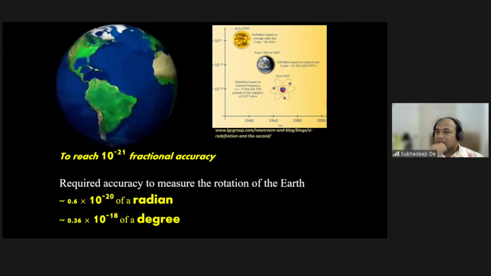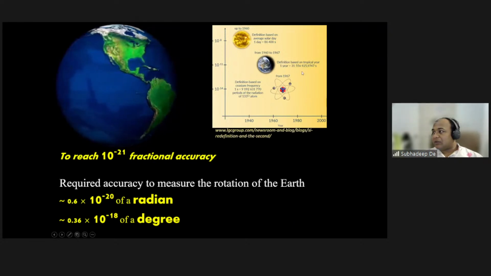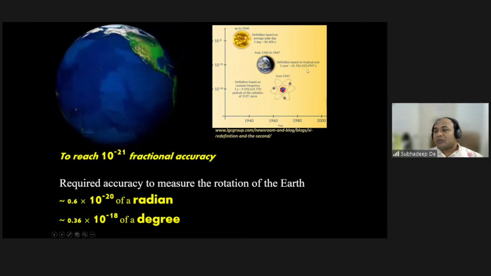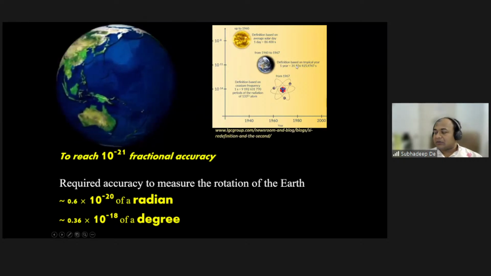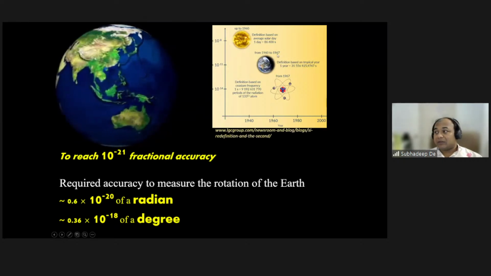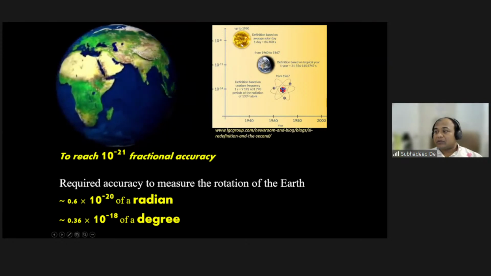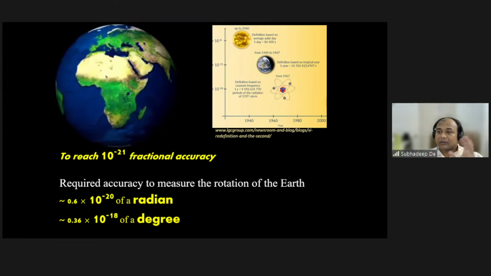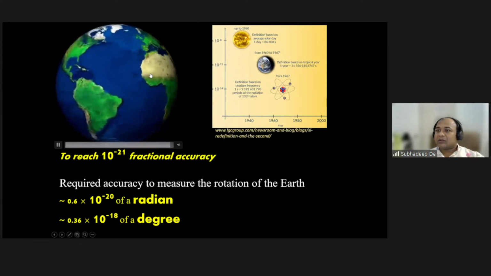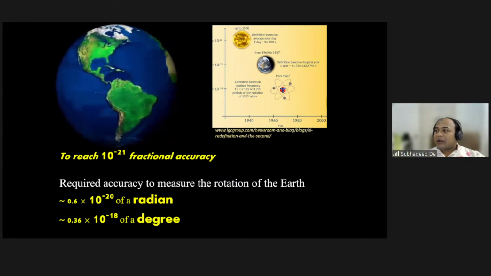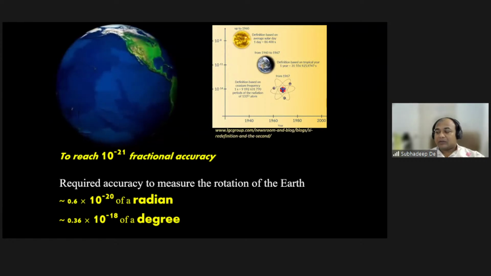The Earth is rotating around the Sun, and it takes so many seconds, as you see here, and 1 second was defined as a fraction of 1 year. That was the definition until 1967. And even before that, before 1960, it was based on rotation of the Earth. Earth takes 24 hours to rotate around its own axis, as you see in the picture, and that was the basis for measurement of time universally.